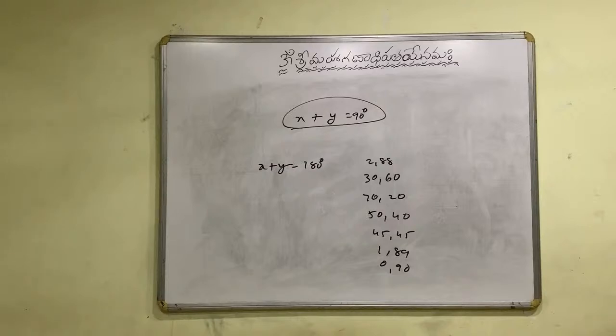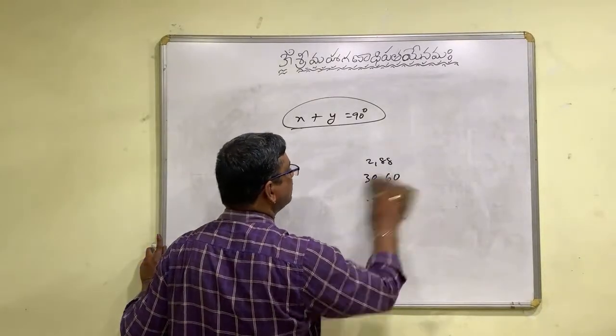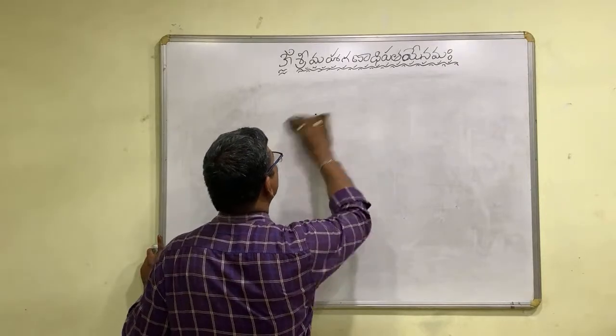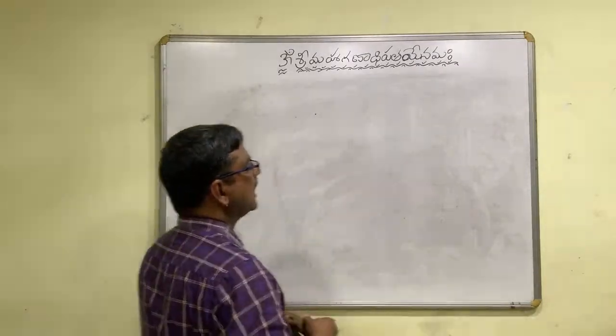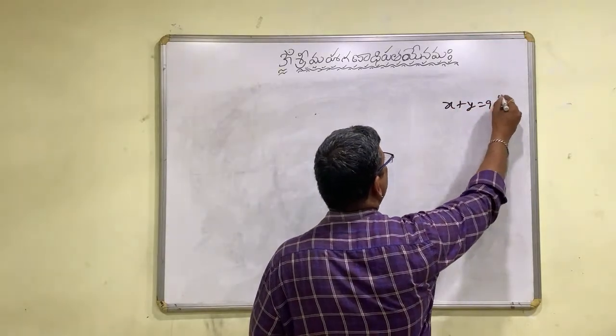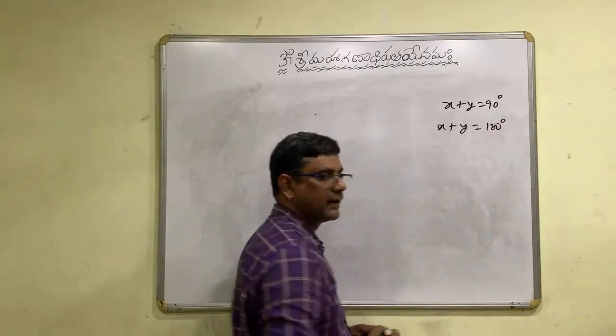So if x and y are any two angles and their sum is 180, they are called supplementary angles. ఈ విషయాలన్నీ గుర్తుపెట్టుకోవాలి మీరు, ప్రాబ్లమ్ సాల్వింగ్ లో ఉపయోగపడతాయి. I am writing here: x plus y is 90, then complementary; x plus y is 180, then supplementary.